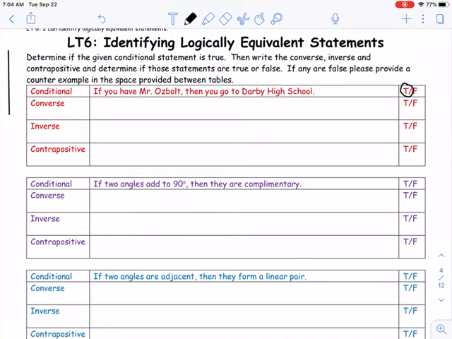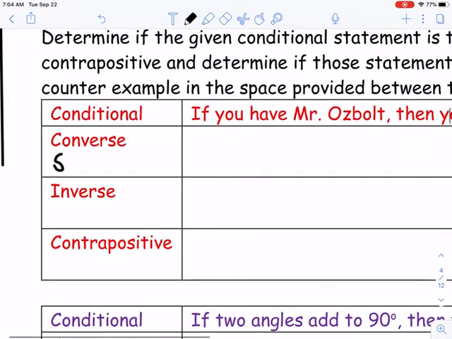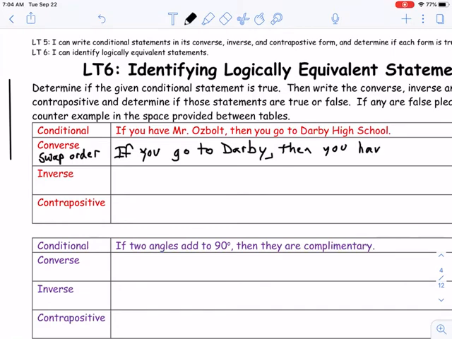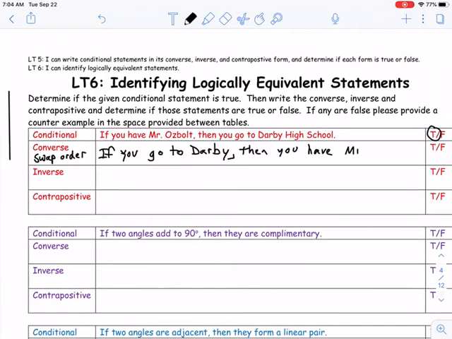Alright, so converse, remember, swap order, putting your Converse shoes on the wrong feet. So if you go to Darby, then you have Mr. Oz.